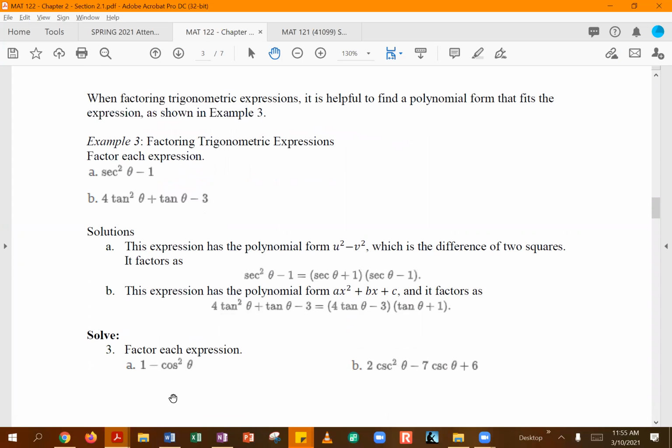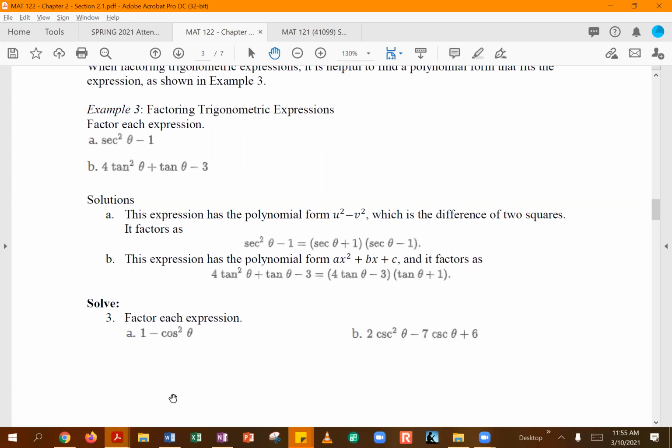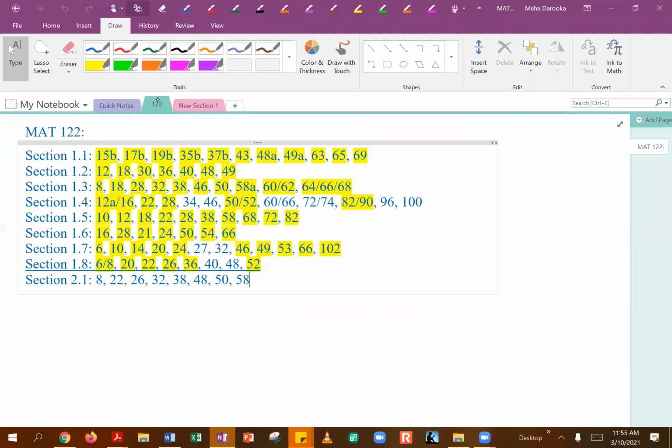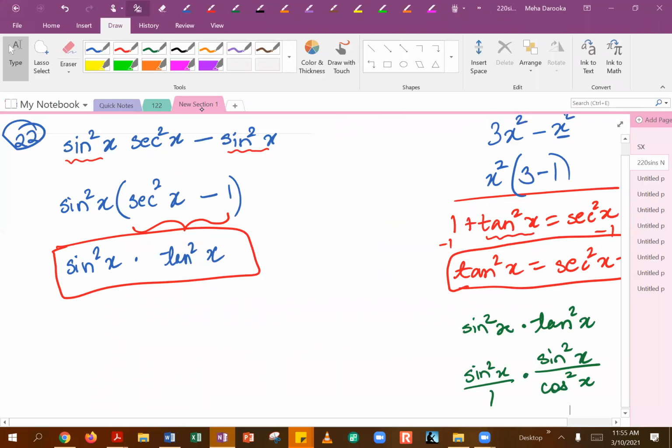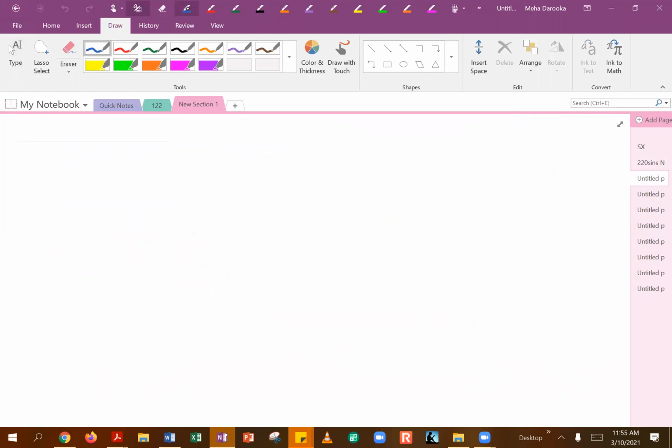Now, the other part we're getting into, which we've already talked about a little bit, is factoring. How can you use the concept of factoring to help us simplify these trigonometric expressions? For this one, let's take a look at number 26 over here.